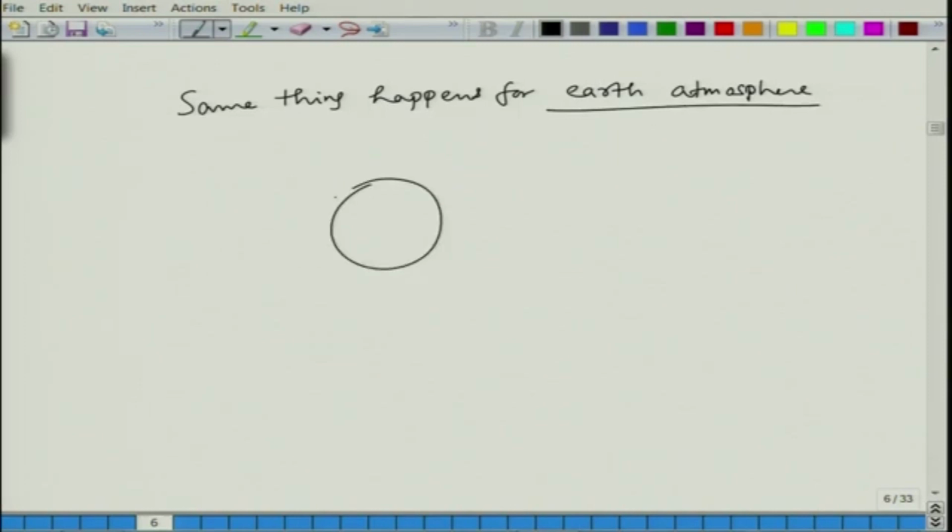So, if we have this earth and if we have an atmosphere around it, then the radiation that is coming from the sun, the atmosphere is mostly transparent, not completely transparent, it absorbs, it scatters back to the space, but mostly transparent, and that is how this radiation reaches the earth surface. Okay. Now, I should write earth here, and this is atmosphere.